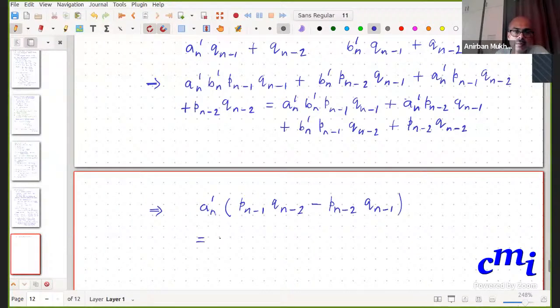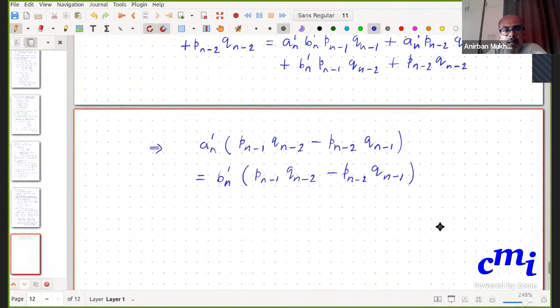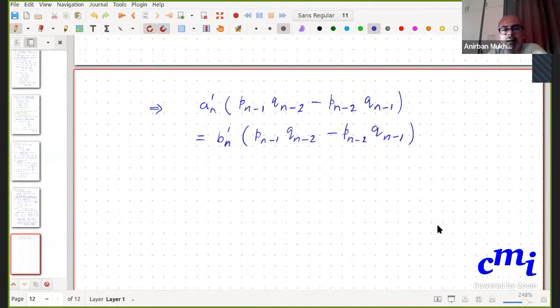So this is equal to bn' times, on that side, again the same: pn-1 qn-2 minus pn-2 qn-1. Let's see if we have done the multiplication correctly. It should be the same. Yeah. And now an' and bn' are equal if the bracketed expression is not 0, and we know that it's not 0.